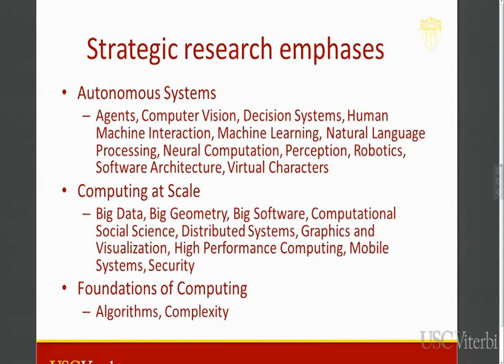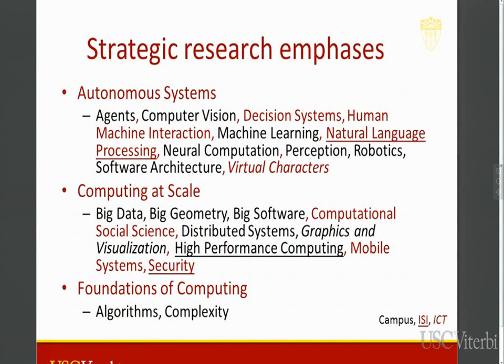So this is sort of our computing at scale area. And then, of course, there's the foundations of computing area, which is more theoretical computer science, where our primary foci are algorithms and complexity. And these areas are fairly big. In some cases, there's clusters of faculty working in each area, and in some cases, there's smaller groups.